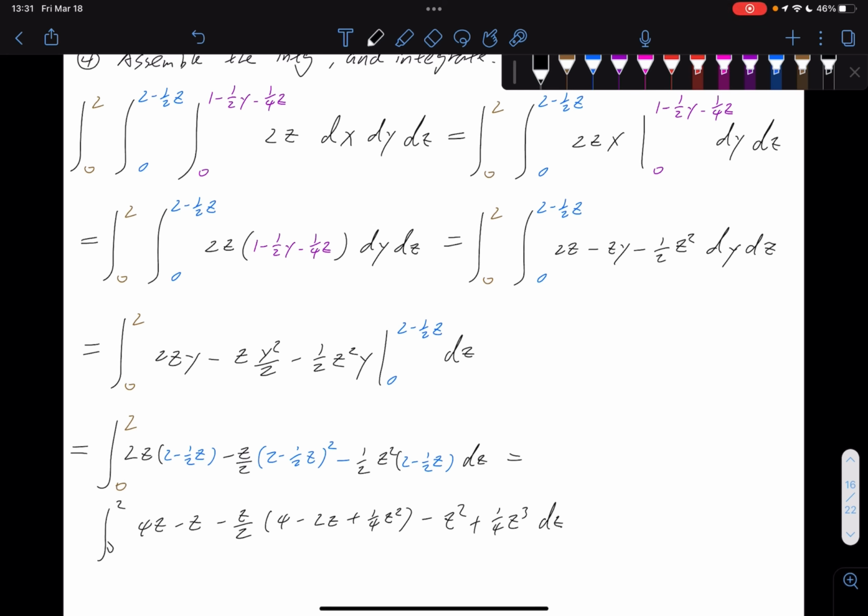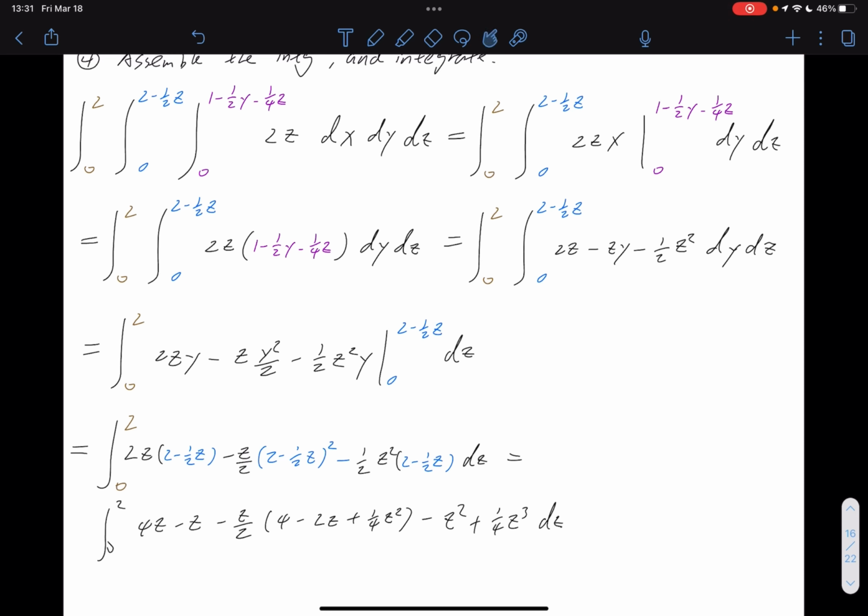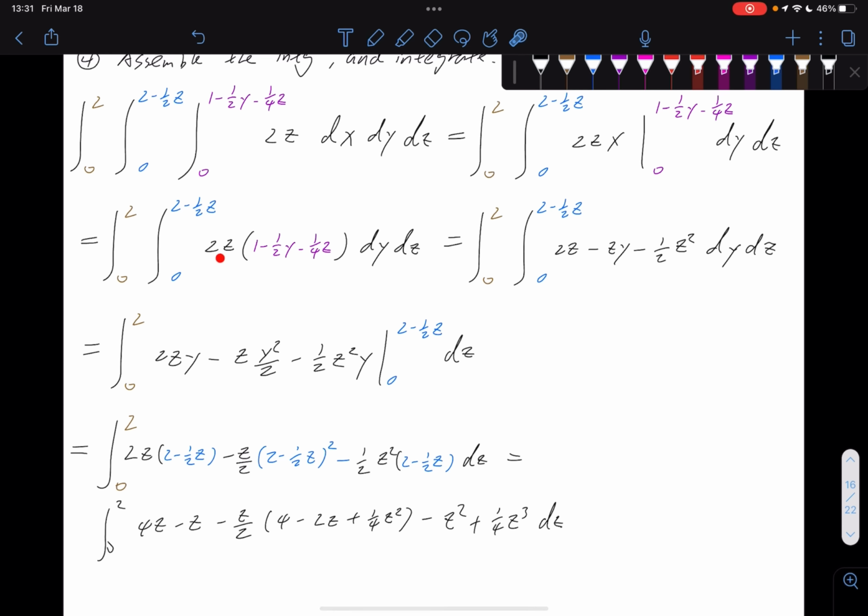2z minus zy minus 1 to z squared dy dz, and then we integrate with dy: 2zy, and then zy squared, and then z squared y. That's correct.